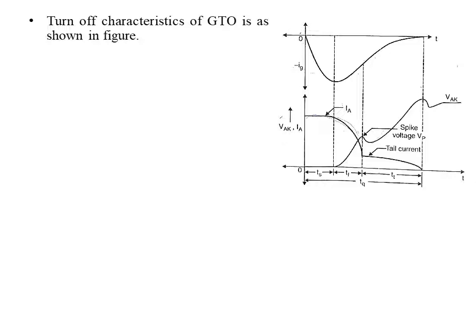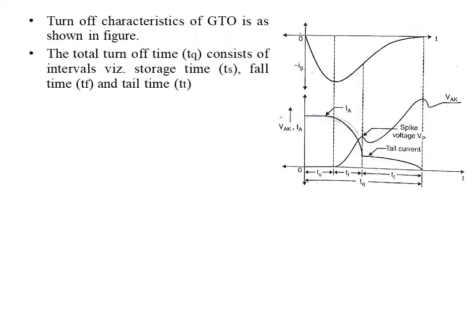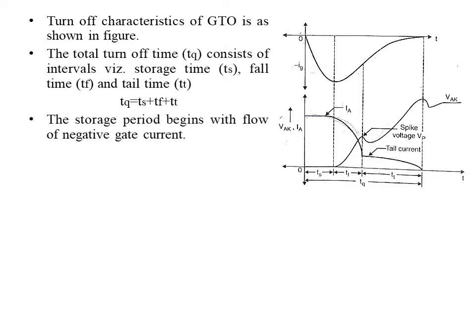The turn off characteristic of GTO is as shown in the figure. The total turn off time, denoted by TQ, consists of three intervals, namely storage time TS, fall time TF, and tail time TT. So the total turn off time is equal to the addition of all these three intervals, that is TQ is equal to TS plus TF plus TT.